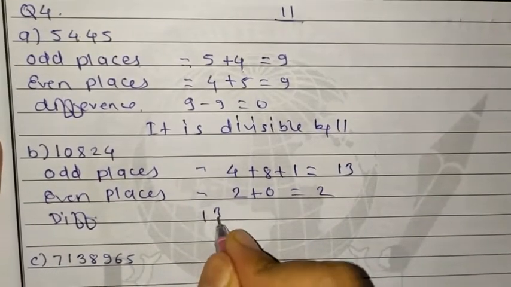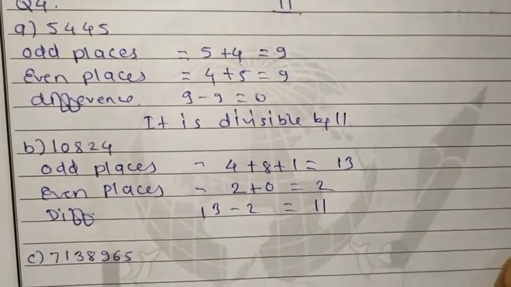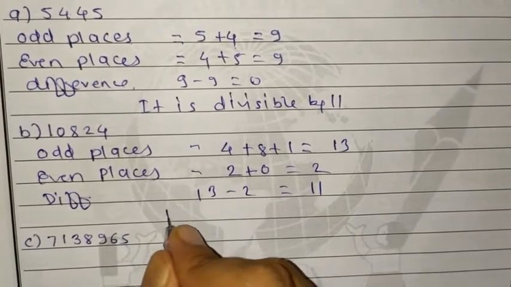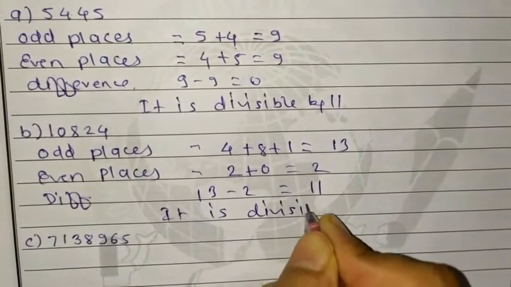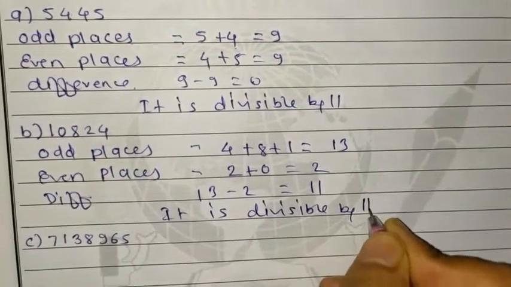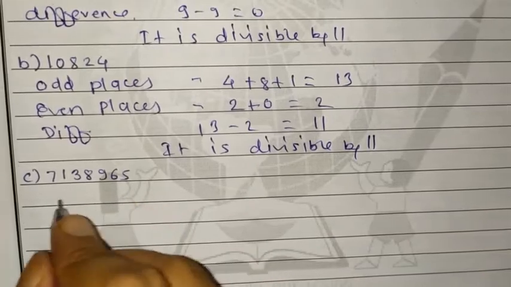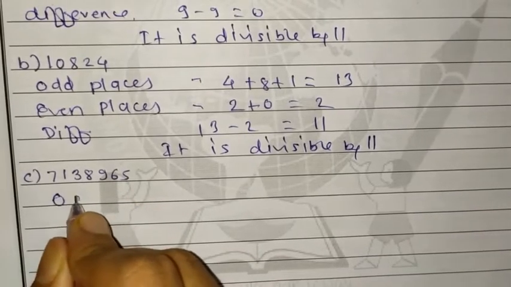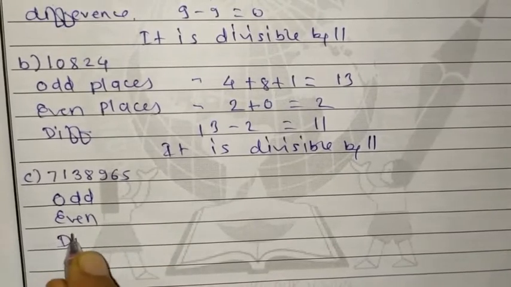So their difference is 13 minus 2, it is what, 11. 11 is coming in the multiplication table of 11, so it is divisible by 11.